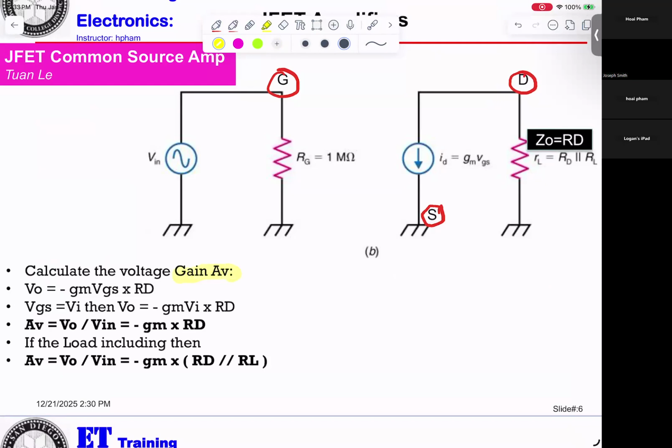So Vout equals minus gm VGS times RD. You know why minus? Vout will be measured from the drain to the ground, and the current will be opposite. So that's why. You take the current times resistor.